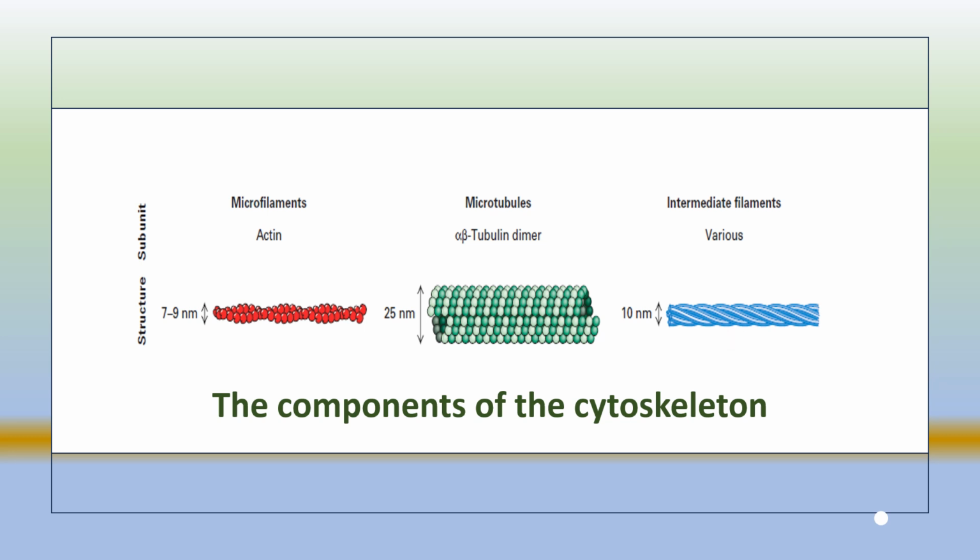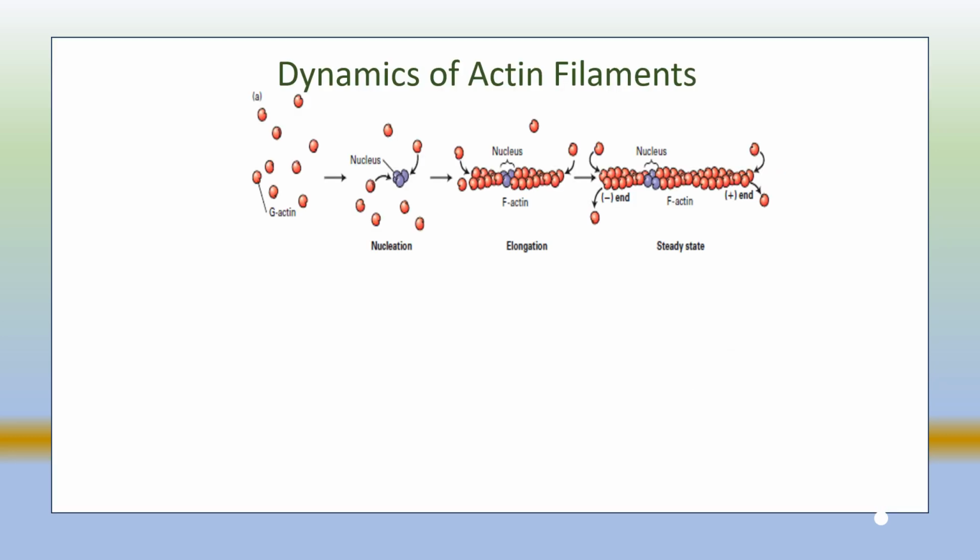Now, let's understand the dynamics of the actin filaments within our body. This whole arrangement starts from an actin molecule. This one monomeric unit right here is a G actin.